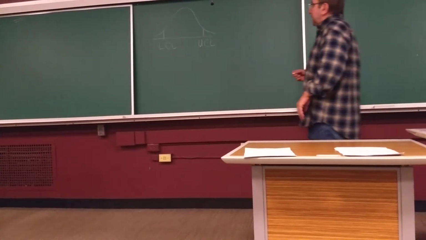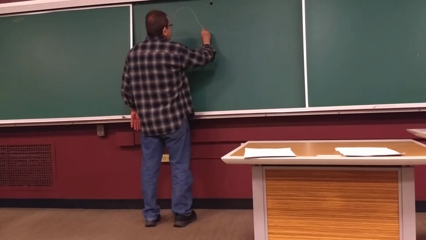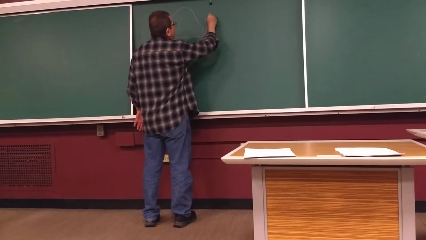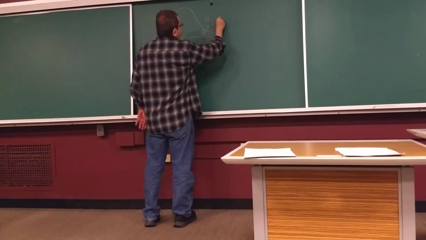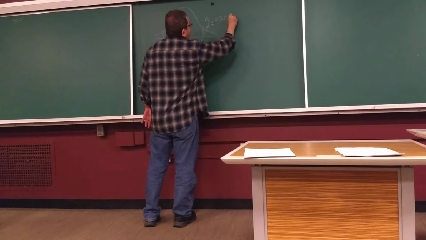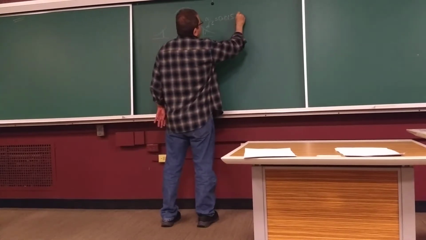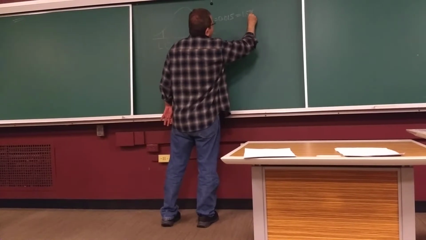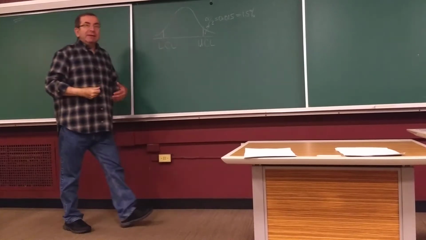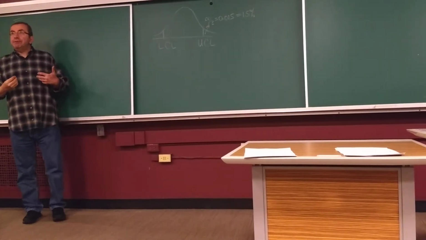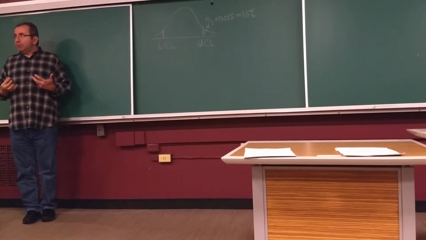Alpha risk means tail probabilities, so half of it will be on the right-hand side, 0.015 or 1.5%. So the total alpha risk will be 3%.